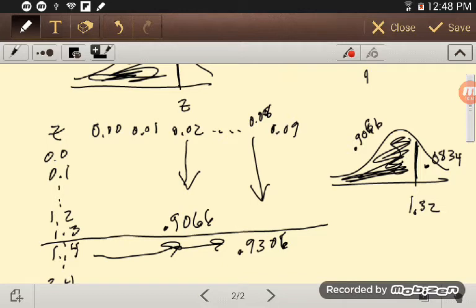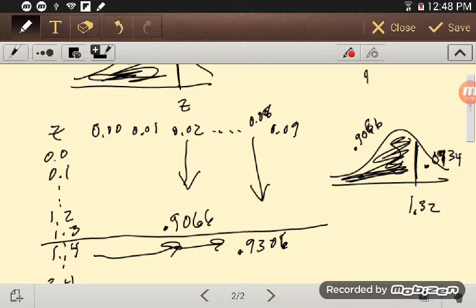Negative 1.32. Oh, I can't add or subtract. That's 0.934. Yes, 0.934, and that's what the table says, 0.934. So that is the idea of looking things up in the table.